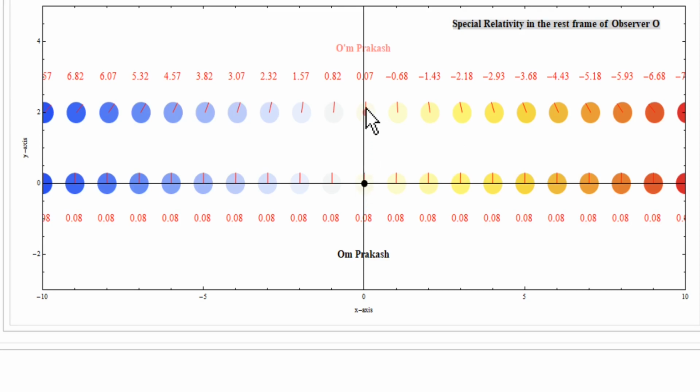But they will also say that at a time of minus 5.18 seconds, that is before O prime Prakash came face to face with Om Prakash, this orange observer on the train came face to face with this orange observer on the platform. Whereas for the platform observers, those two events of Om Prakash meeting O prime Prakash and this orange observer meeting this orange observer, those appear to be simultaneous events.